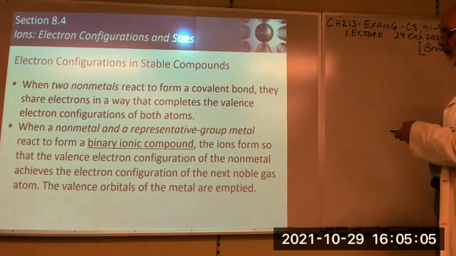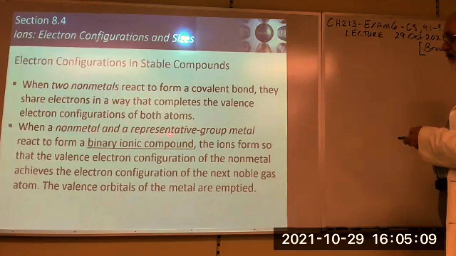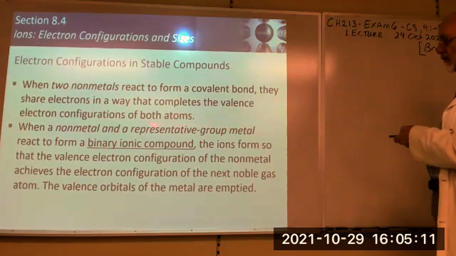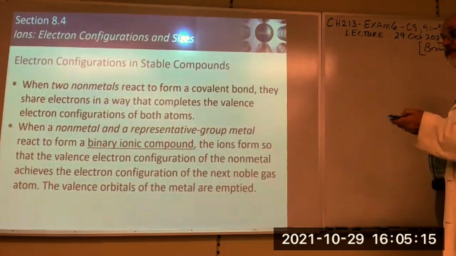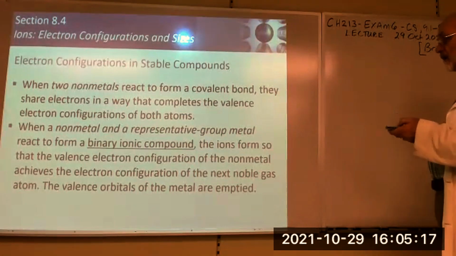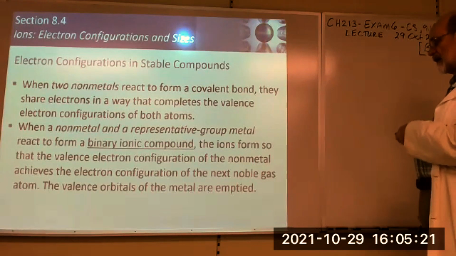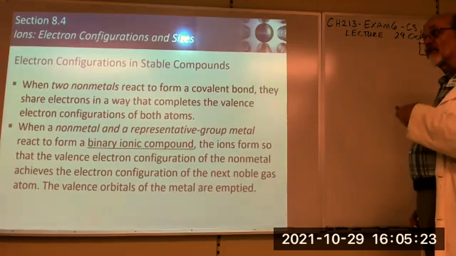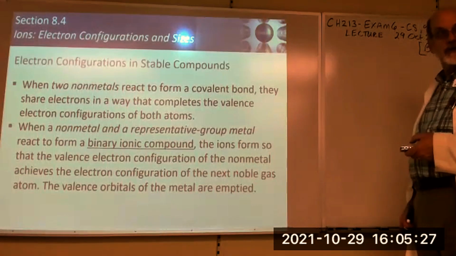Okay, when you do get the non-metal and the metal-non-metal interactions, when the metal is a representative group element, most often up in this area or this area, then they tend to actually achieve noble gas configurations in their electronic structure.